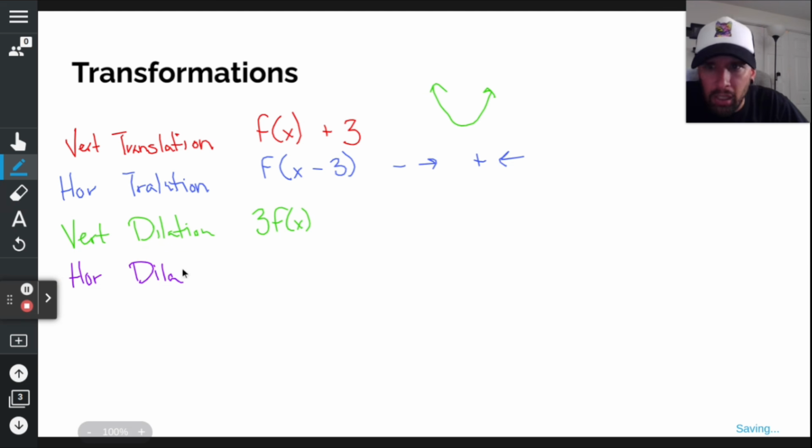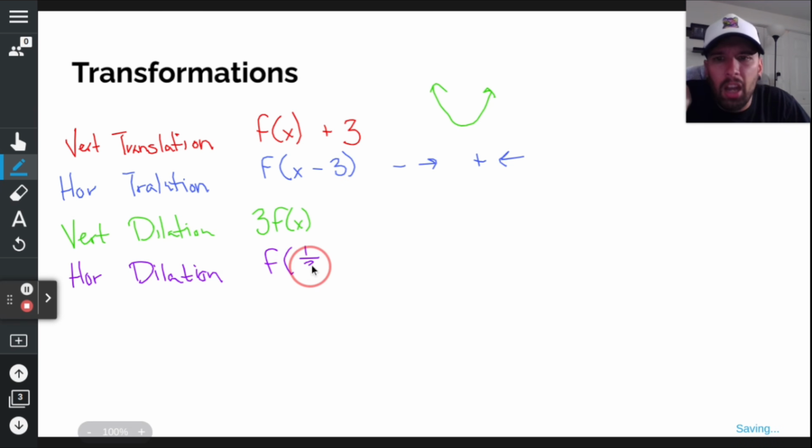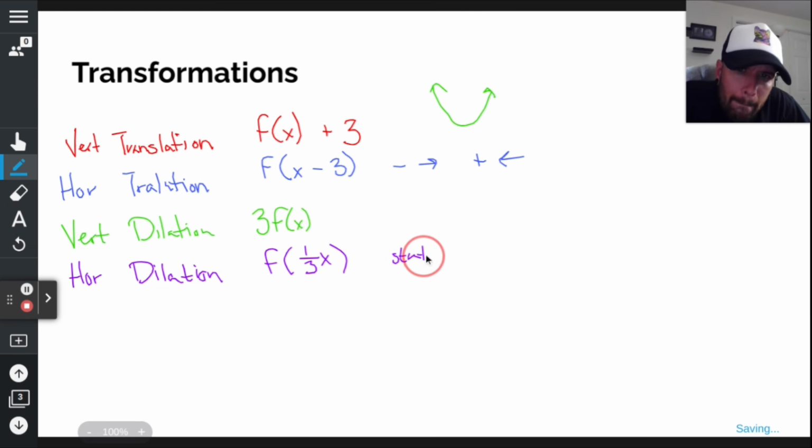Now, if I were to give you a horizontal dilation, the way you handle that is very similar to the horizontal translation, and you only multiply the x by a number. So f of 1 over a number times x. By putting 1 over a number, if it's 1 over 3, you are doing a horizontal stretch of 3.